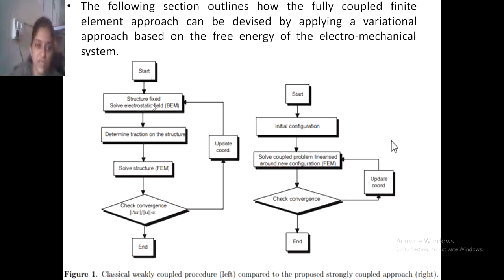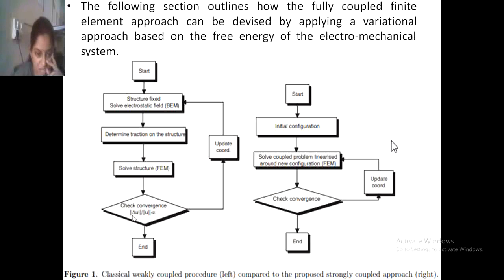Here, the initial structure is fixed, and we solve the electrostatic fluid problem, that is BEM. So we determine the traction on the structure. Then solve the structure using the finite element method and check the convergence.